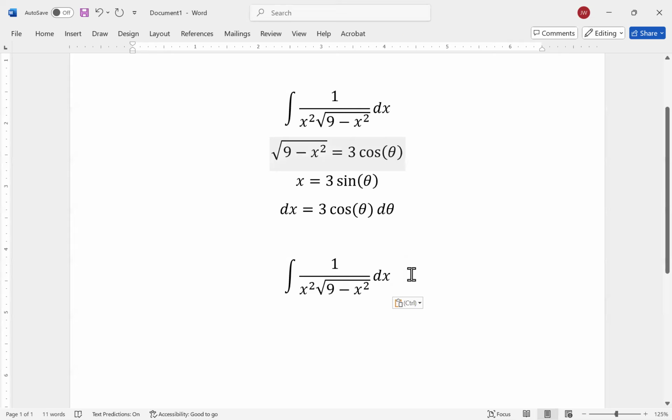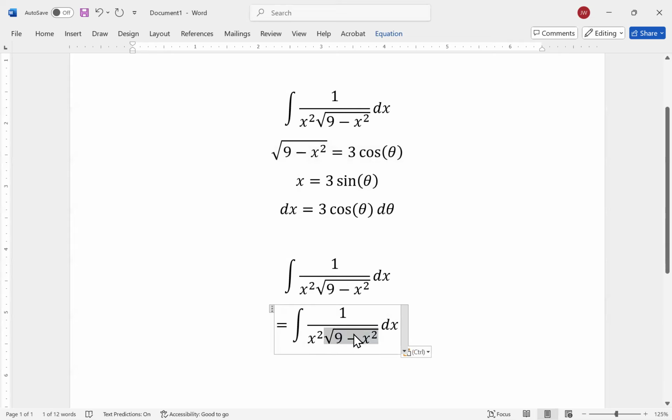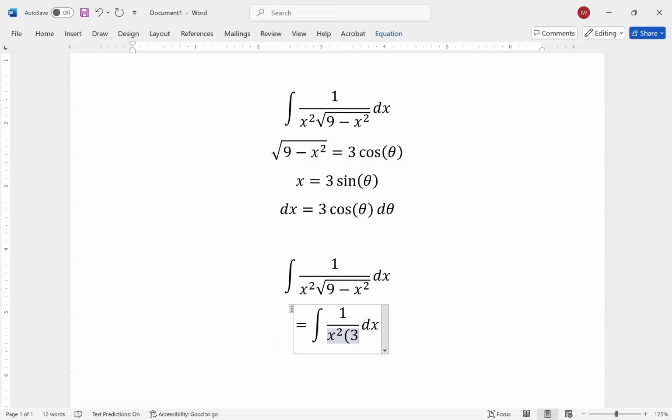that is going to turn into a 3 cosine theta. So that square root turns into 3 times cosine of theta.